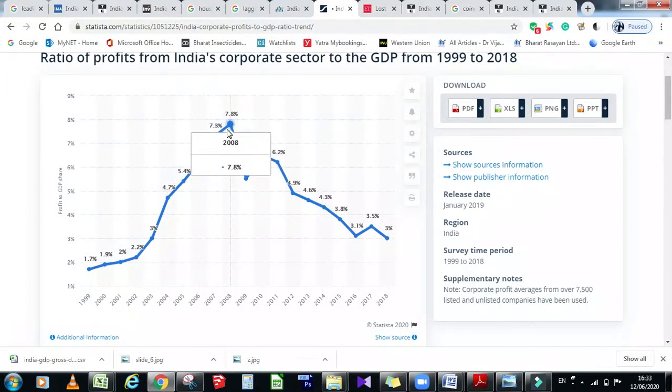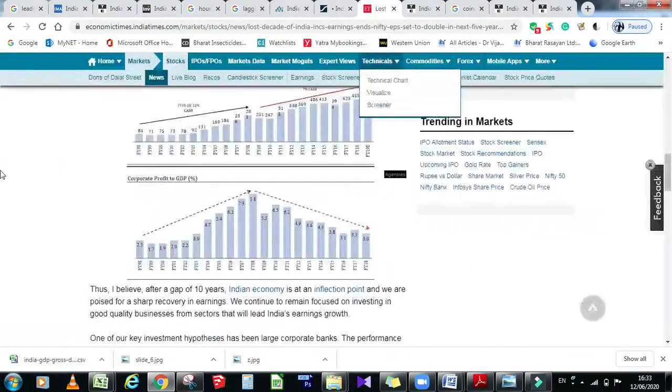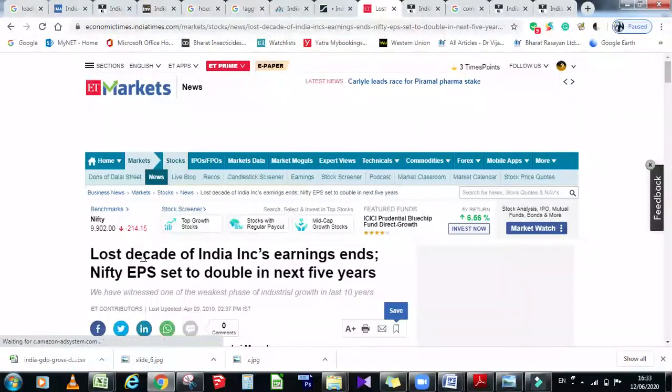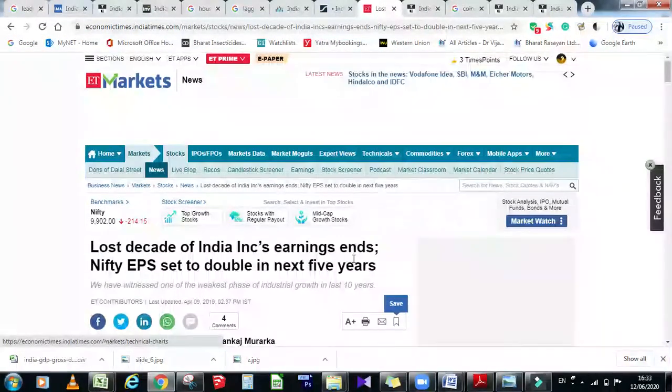It was around 13% CAGR, and after that, year on year, it has been falling. India's corporate profit to GDP has been falling until 3%, and this is reported in Economic Times also, with the heading lowest decade of India's earnings.